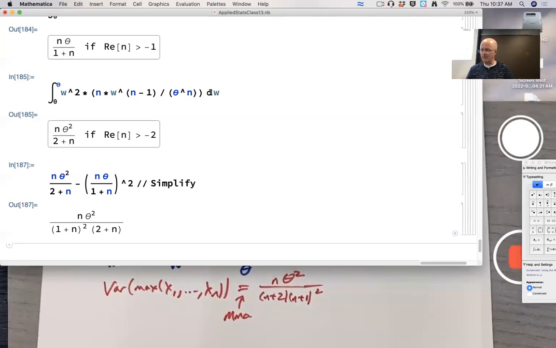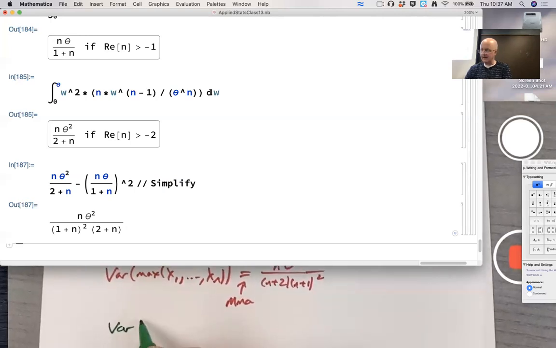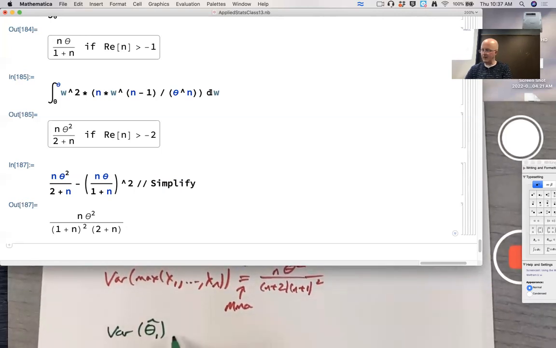So that was not the final variance I'm after, though. I'm after the variance of theta 1 hat. Theta 1 hat was n plus 1 divided by n times the maximum.